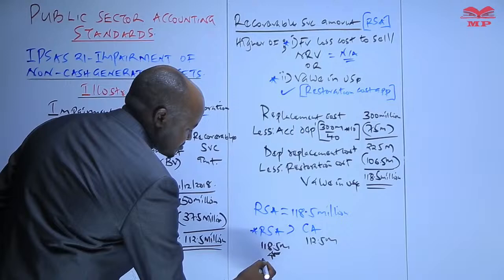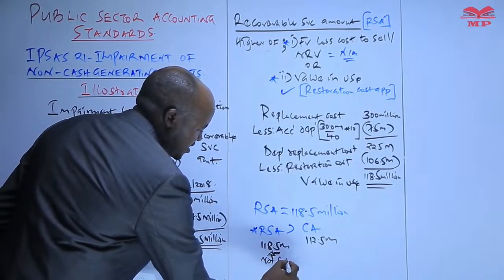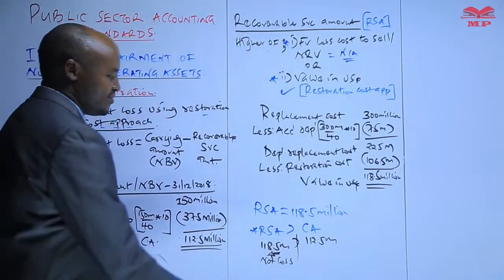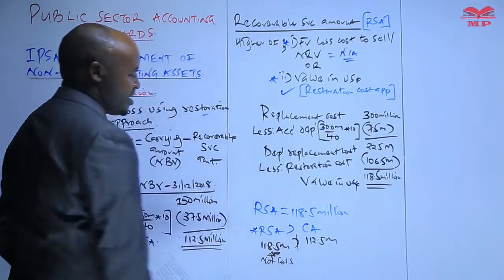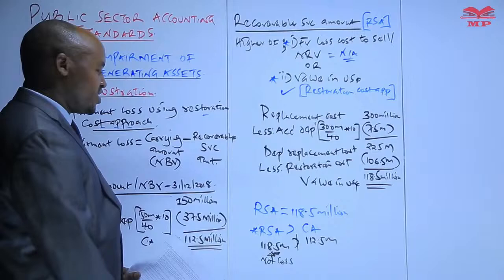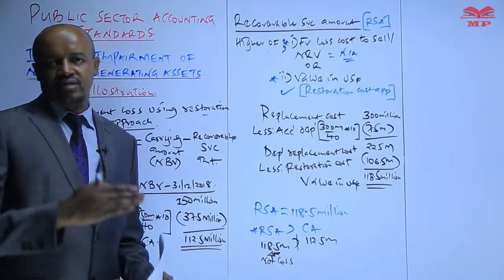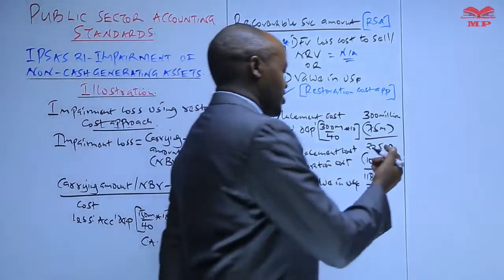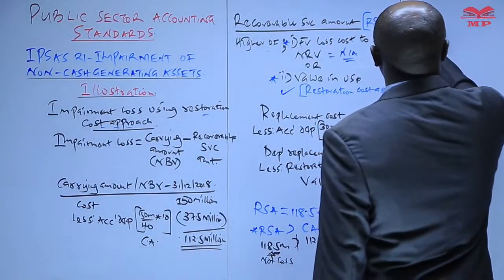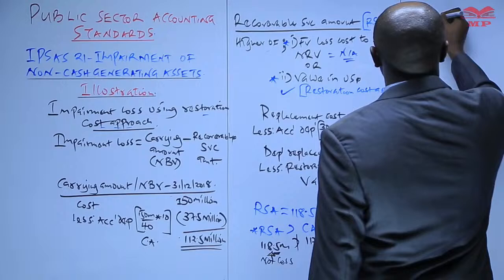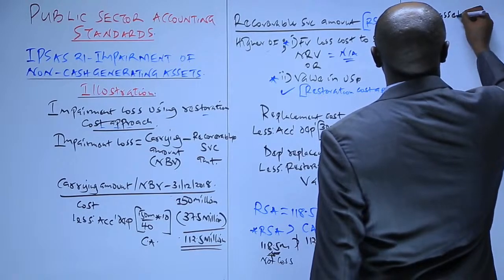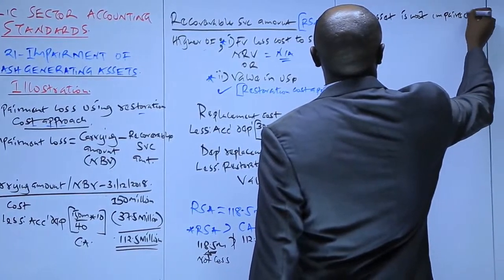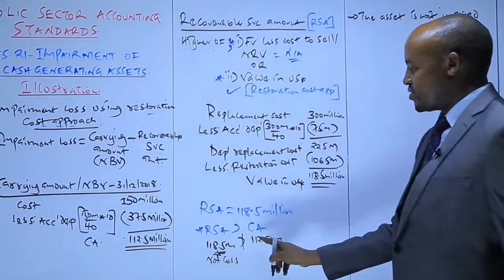This one is not less than the carrying amount. What does that mean? It means that this particular market, this particular non-cash generating asset, is not impaired. Therefore, no impairment loss is to be recognized. So that will be the answer here. So we say the asset is not impaired, simply because the recoverable service amount is not less than what?